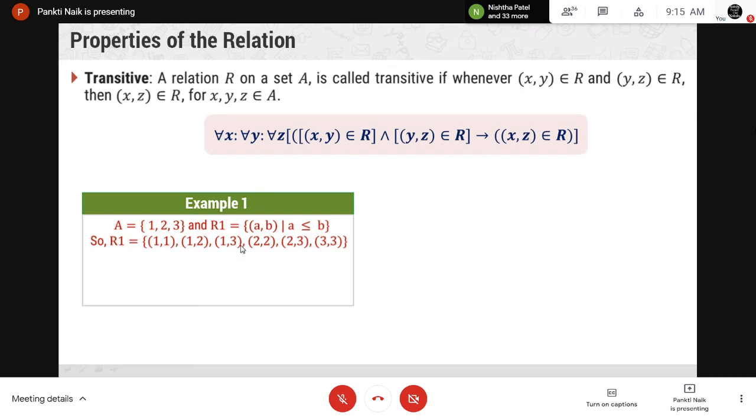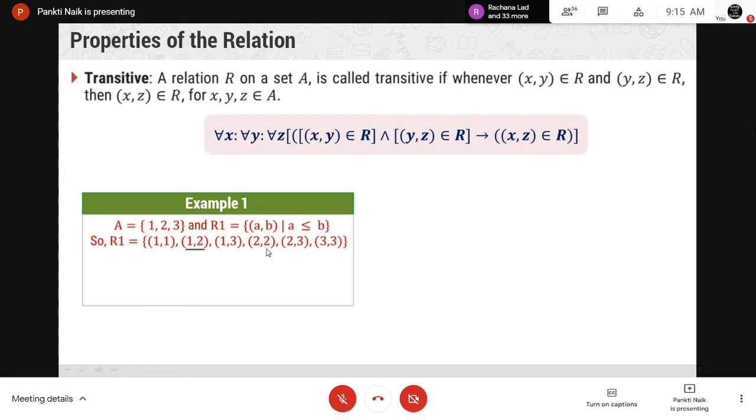Then (1, 3). Then (2, 1), no, because a is greater than b, so this will not fulfill the condition. So (2, 1) will not be part of relation R1. Then (2, 2), (2, 3), (3, 3).